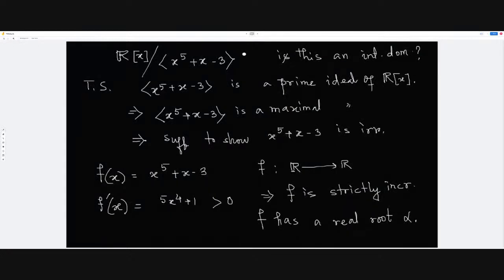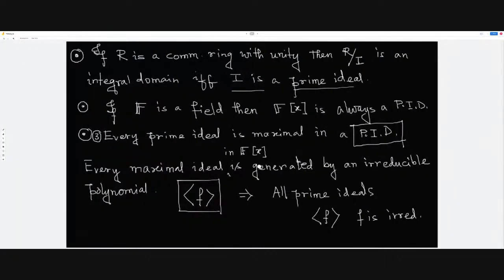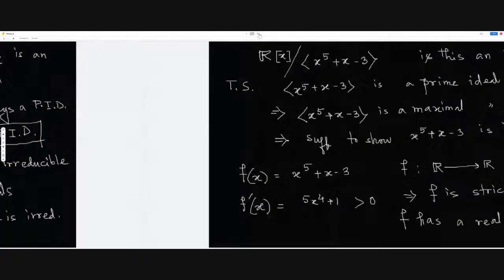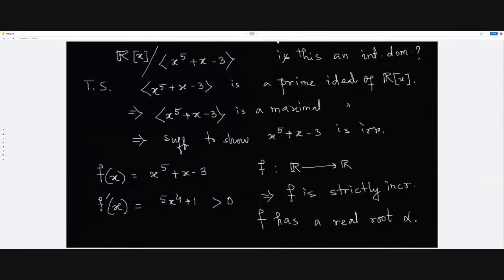All of these that I have taken here are if and only if statements. It is sufficient to show irreducibility, because if it is irreducible, then of course it is maximal, and for a PID it is an if and only if condition.